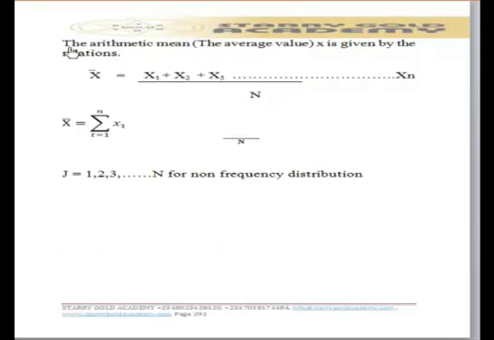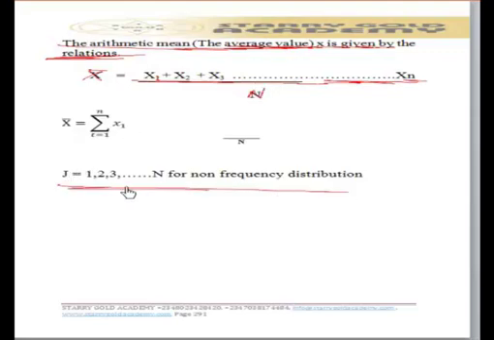Like I said, the arithmetic mean is simply regarded as the average value of x, and it can be computed using this formula: x bar equals x1 plus x2 plus x3 up to xn all over n. That is a simple formula we can use for computing the arithmetic mean.